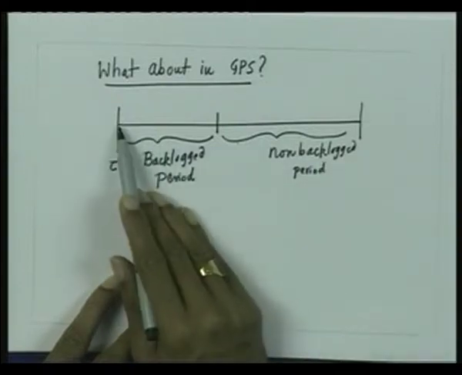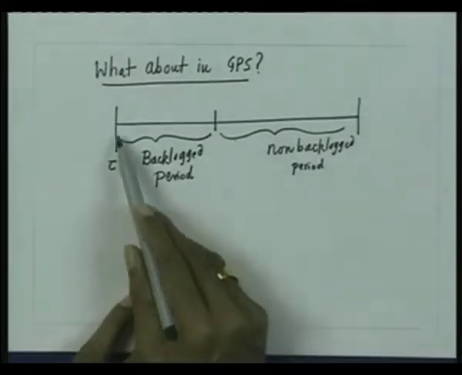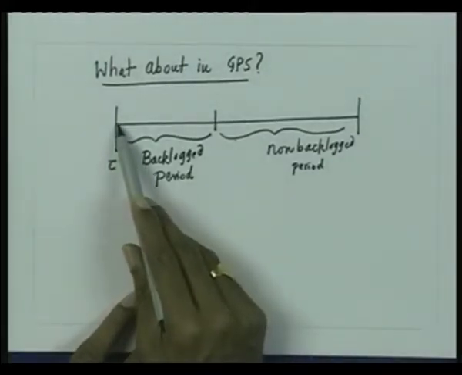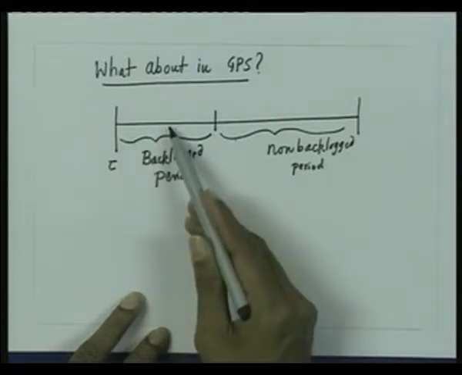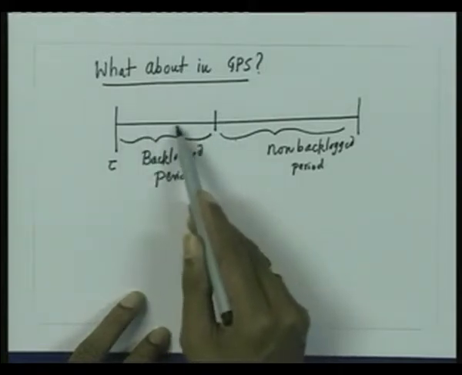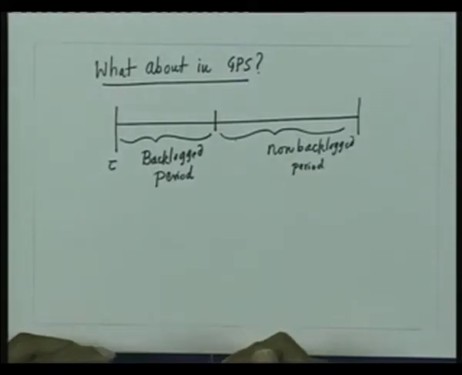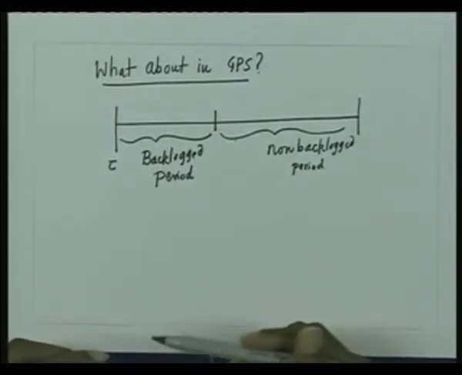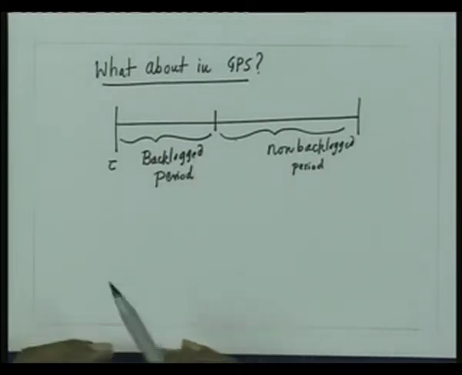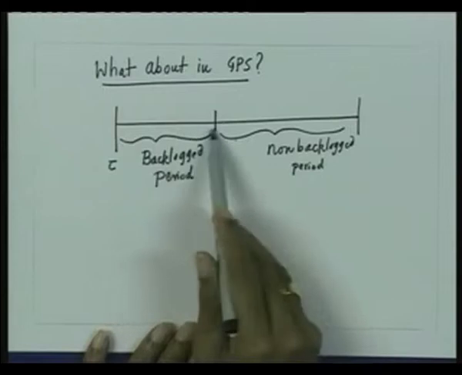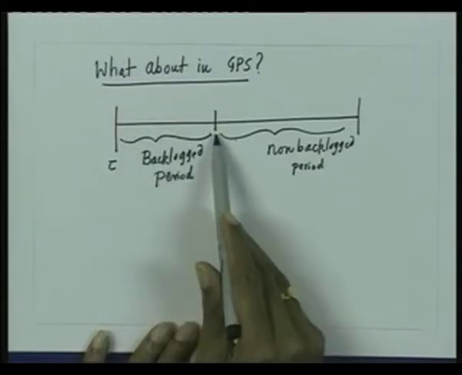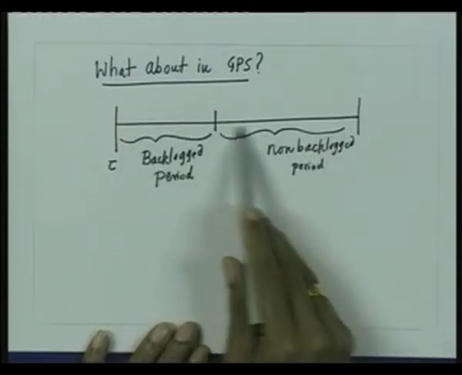So when the session is in the backlogged period, at time tau, the session becomes backlogged and starts receiving service, and during this period the session's potential is also equal to the system potential, because the system potential in the case of a fluid flow server is always equal to the session's potential in the fluid flow GPS servers. At this point, all the traffic that arrived during this period has been served, and therefore the session enters the non-backlogged period.